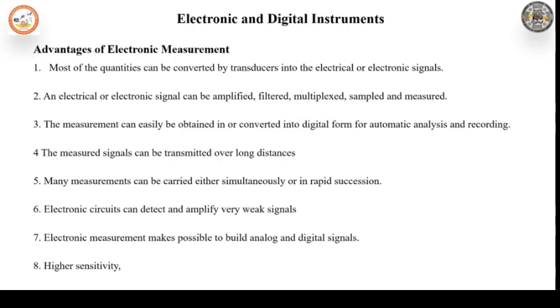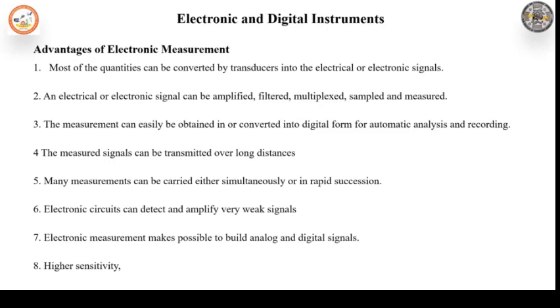So there are certain advantages of electronic voltmeters. Coming to the advantages of electronic measurement, most of the quantities can be converted by transducers into electrical or electronic signals. An electrical or electronic signal can also be amplified, filtered, multiplexed, sampled, and measured. The measurement can easily be obtained in or converted into digital form for automatic analysis and recording.